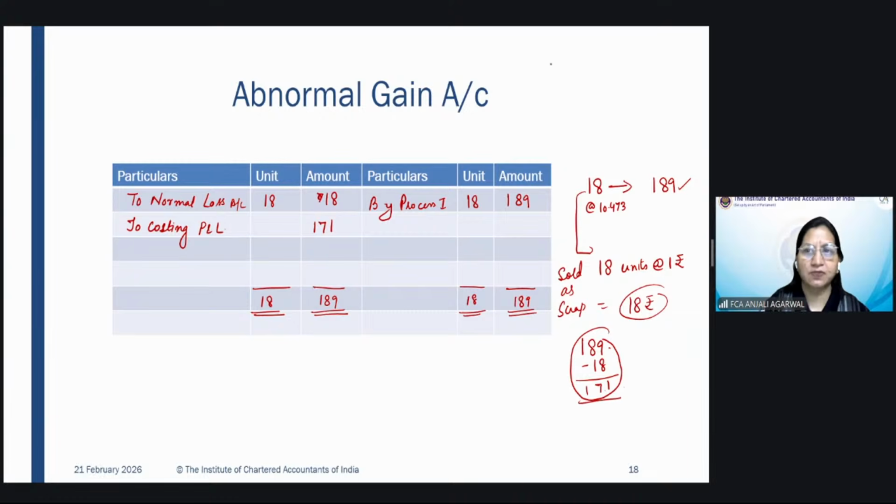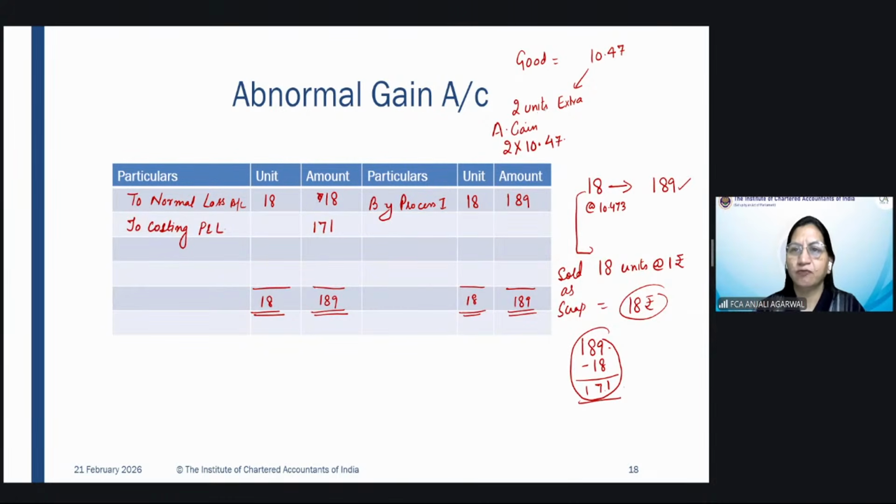So what we are trying to say here is, let us say a good unit is costing me 10.47. So if I have 2 units extra, it is an abnormal gain. So my total profit becomes abnormally 2 into 10.47.